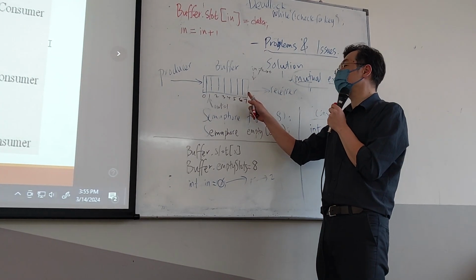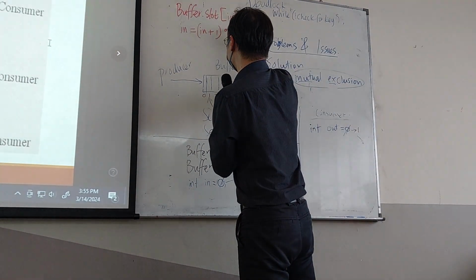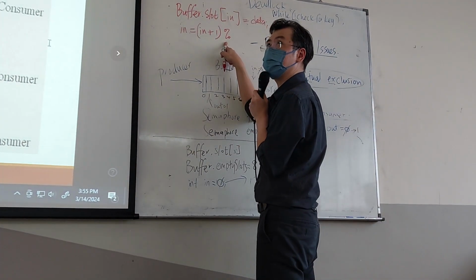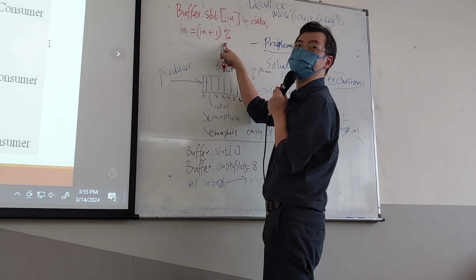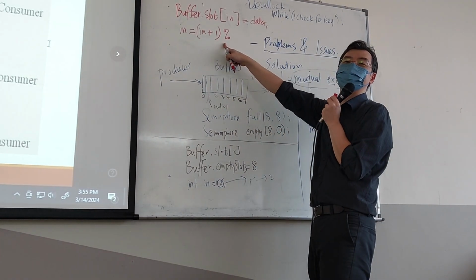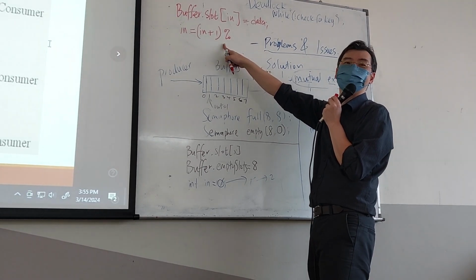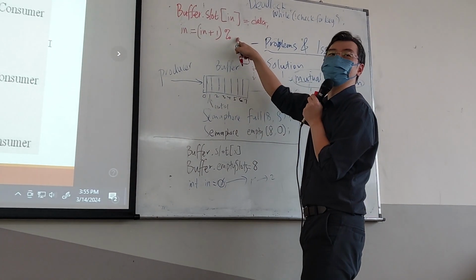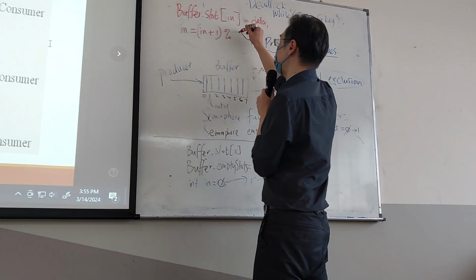Okay? Now in order to wrap around, you do like this. Percentage, that means you are doing, what do you call this? Modulus. Yeah, modulus. What modulus number should you put here? 8, isn't it?